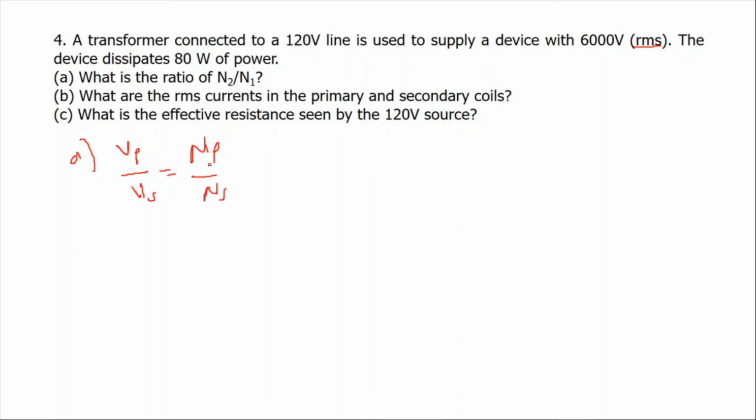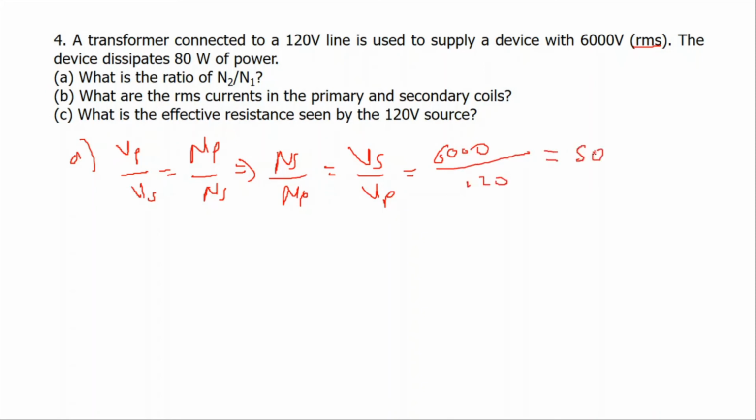It means secondary divided by primary. So N secondary divided by N primary will be equal to V secondary divided by V primary, and it will be 6,000 divided by 120, which will give us 50. This is the ratio.